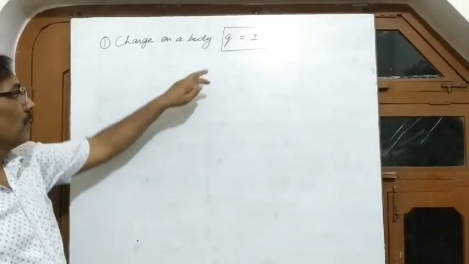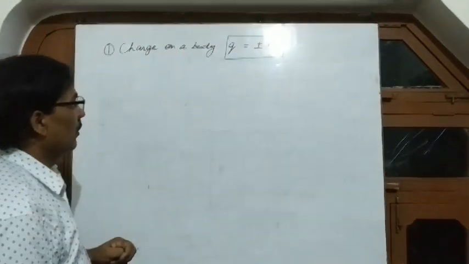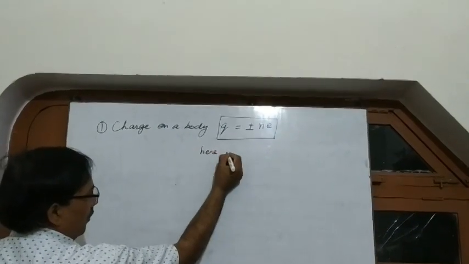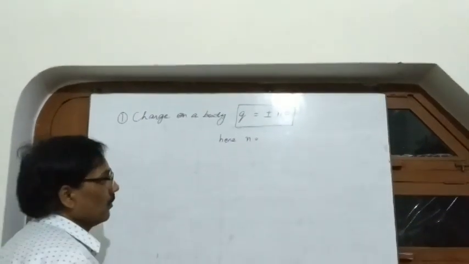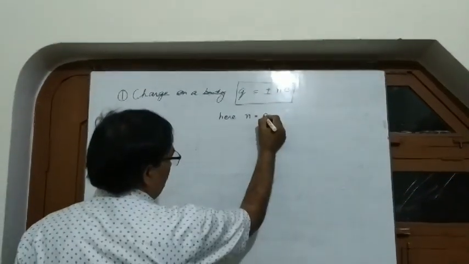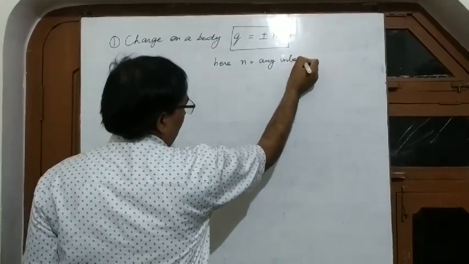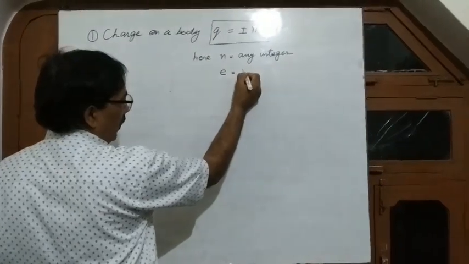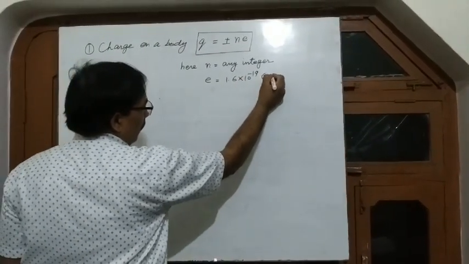Here N is any integer, and E is equal to 1.6 into 10 power minus 19 coulomb.